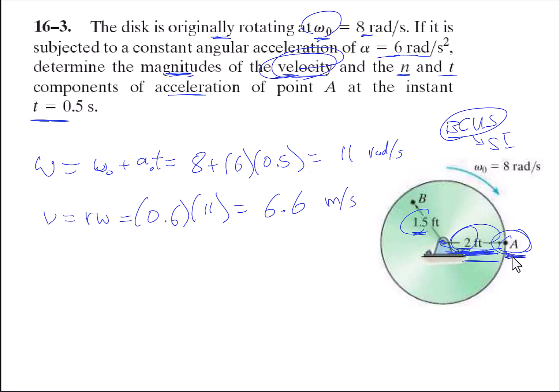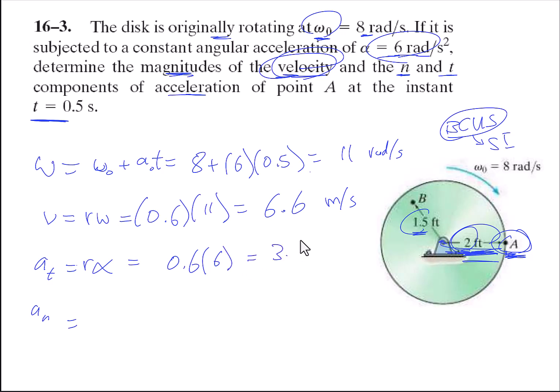Of course, exactly, you have to do it in feet. And the tangential and normal components of the acceleration are given by r alpha, which is 0.6 times 6.